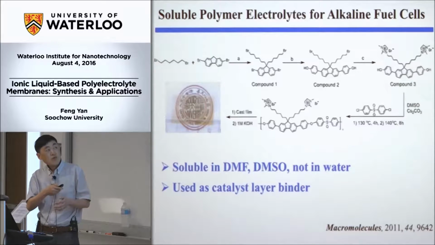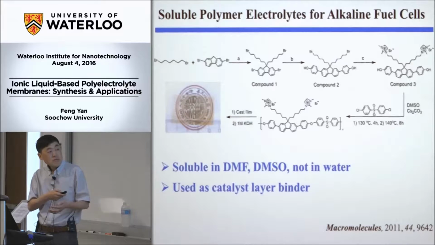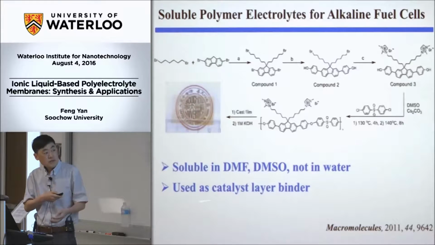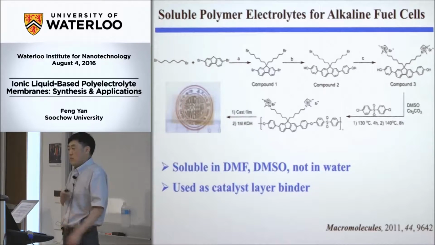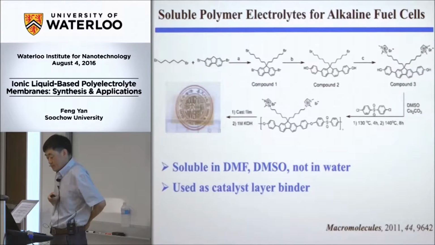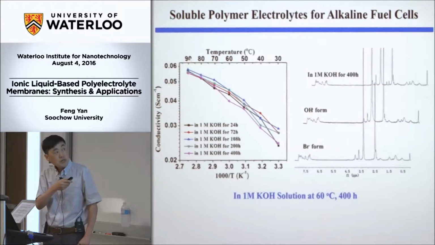This polymer can form membranes, and it is also soluble in some polar solvents. The company used these polymers as catalyst layer binders to fabricate a fuel cell device. We also characterized the stability of this membrane.